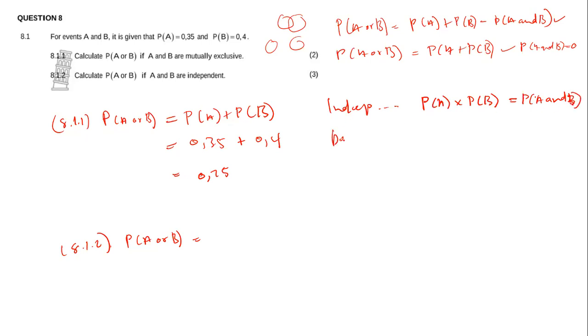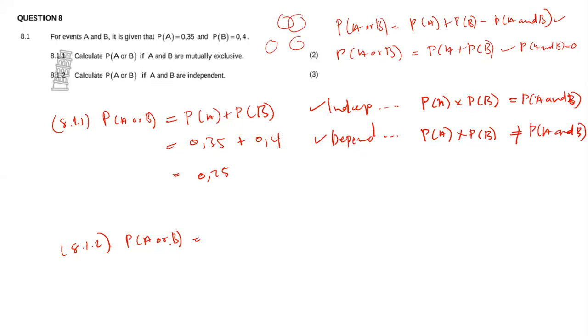But for dependent events, or events that are not independent, probability of A multiplied by probability of B is not the same as probability of A and B. Here, our product is not equal to the intersection.